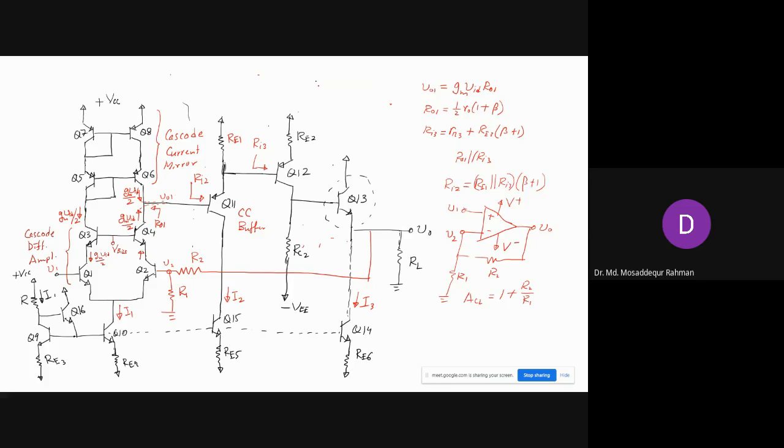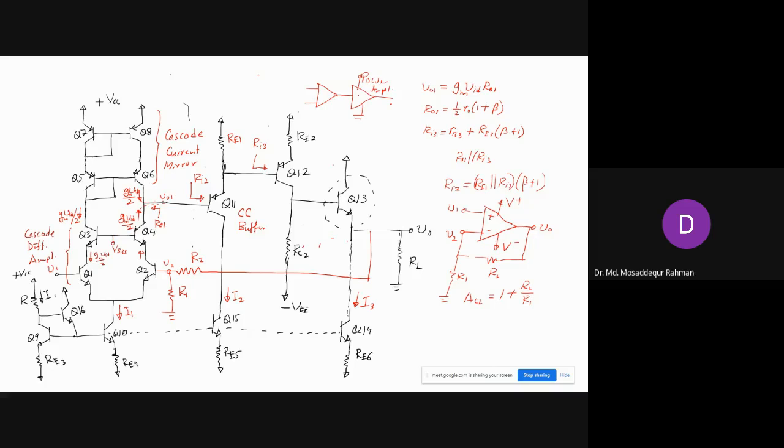So if you want a higher output current than your op-amp can provide, then usually you add a power amplifier at the output.